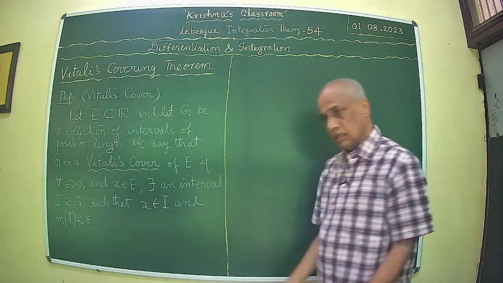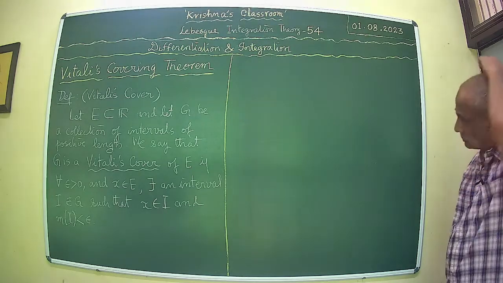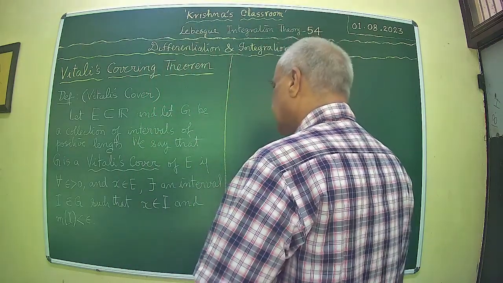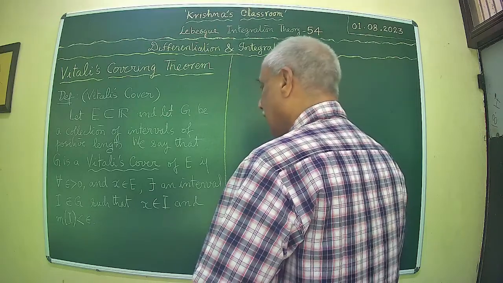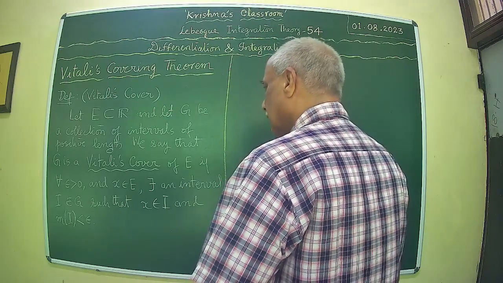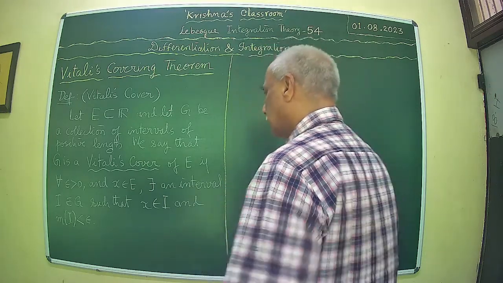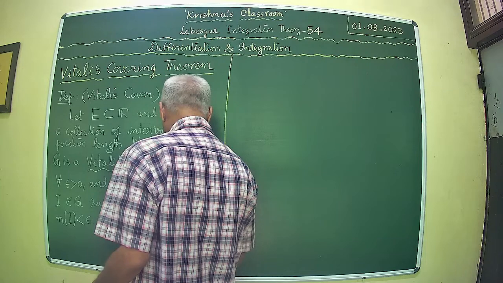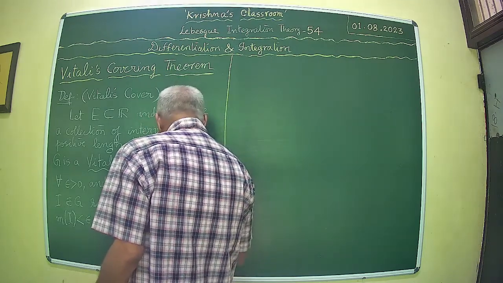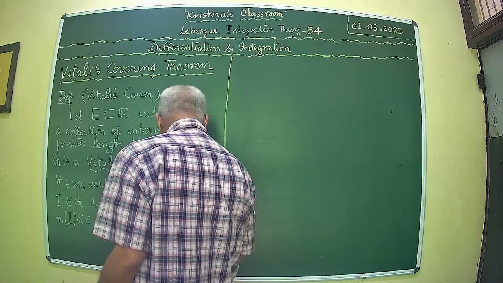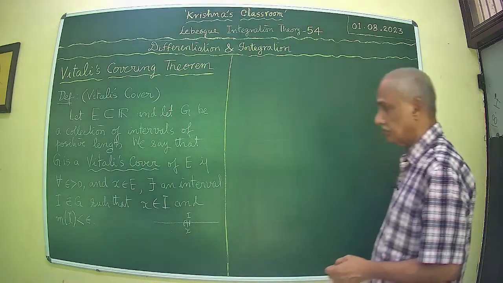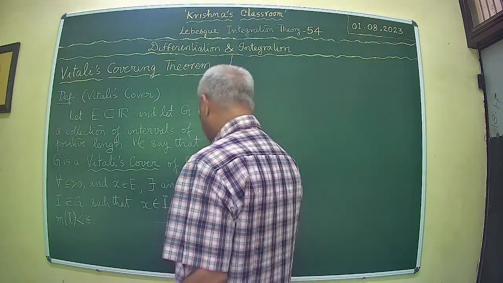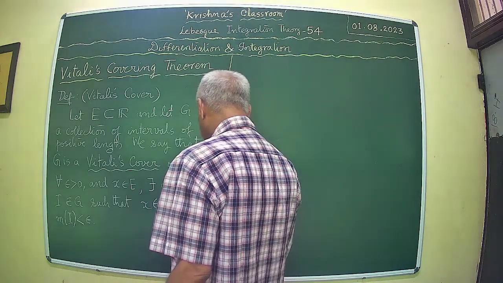So we have a collection of intervals, and we say that this collection provides E with a Vitali cover if for every epsilon positive and x belonging to E, there is an interval I such that x belongs to I, with the property that the measure of I is less than epsilon.